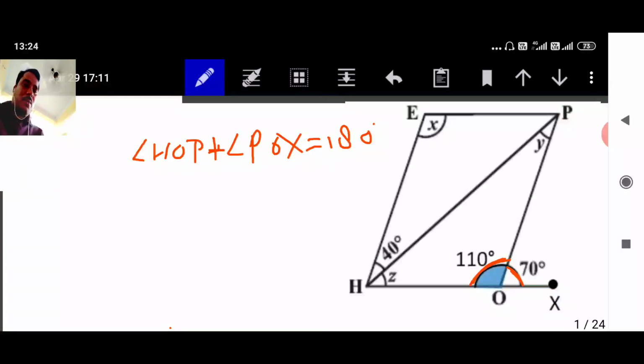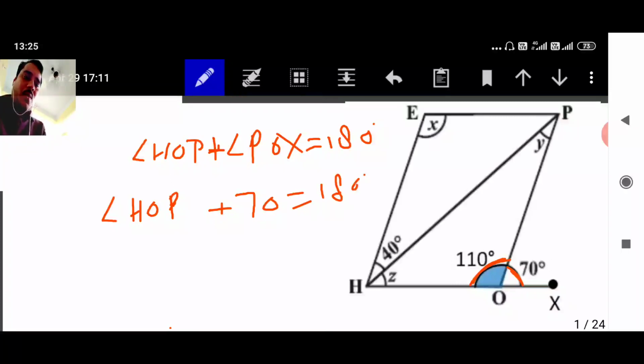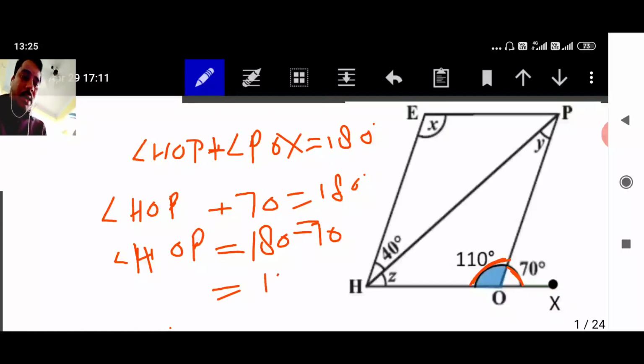Angle POX is given as 70 degrees, so 70 plus angle HOP equals 180 degrees. So angle HOP equals 180 minus 70, which gives 110 degrees. The value of this angle is 110 degrees.